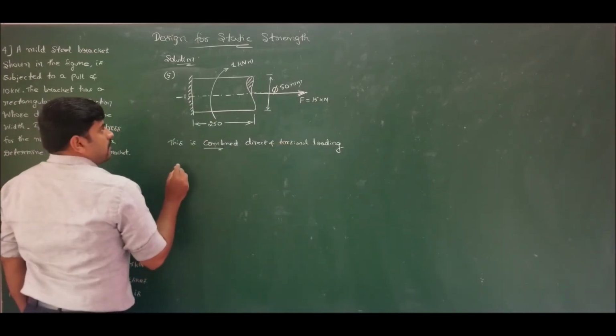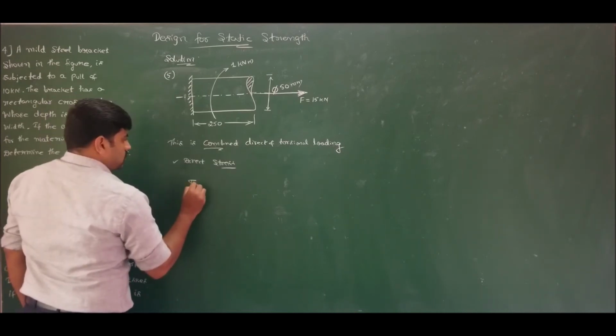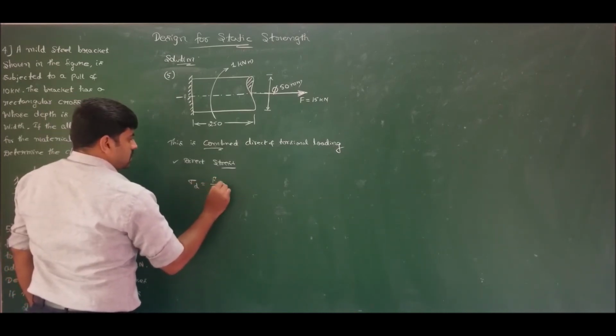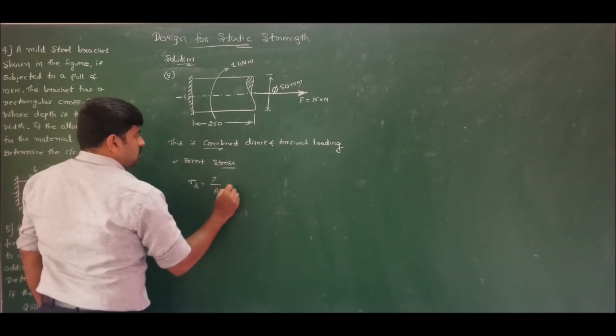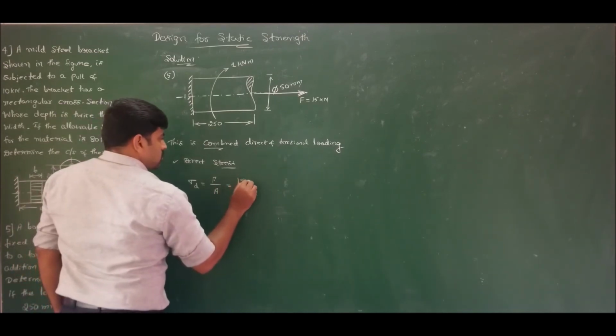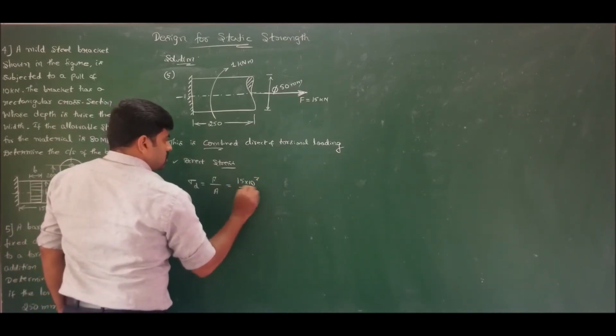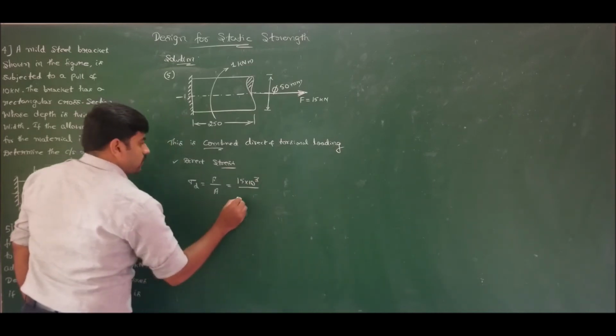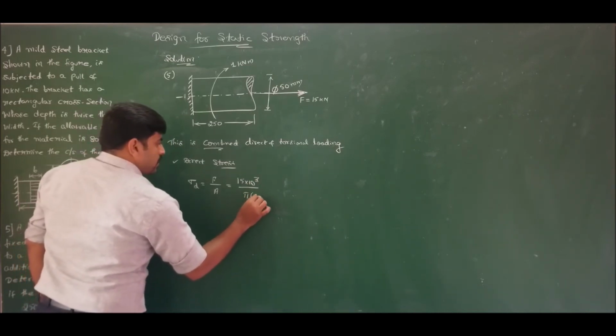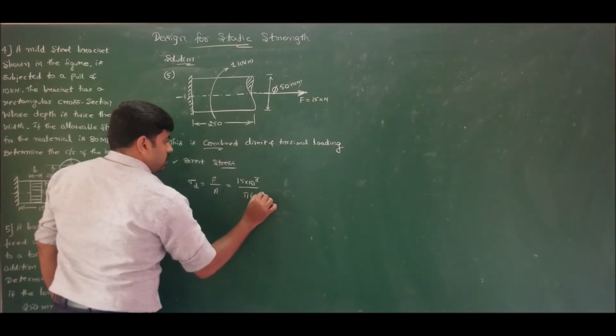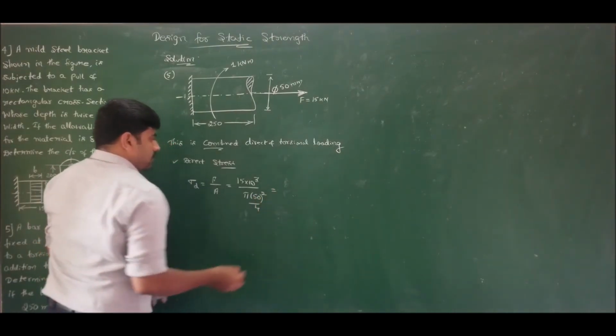Now coming to direct stress. Direct stress is known to us: sigma direct is force by area. Force is 15 kilonewtons. Area is pi d square by 4 for a circular cross section, pi into 50 square by 4.